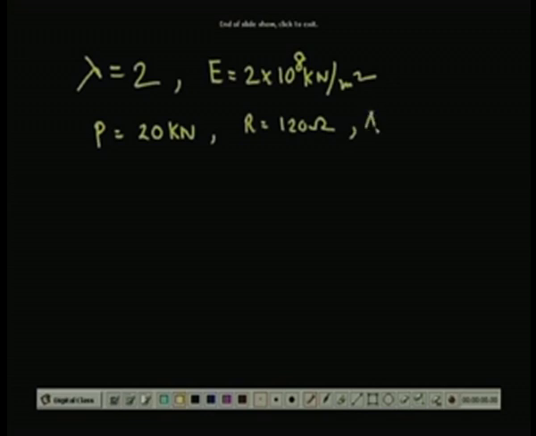Area of cross section we have given, A equal to 0.02 into 0.01 meter square.